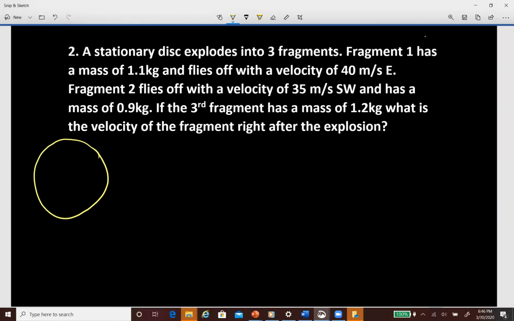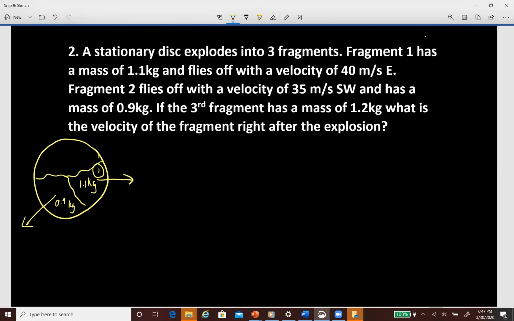It says that one fragment flies off east. Imagine it breaks up into 3 fragments. One fragment flies off east, and it has a mass of 1.1 kilograms. That's fragment 1. Another fragment flies off southwest, a piece of the disk goes this way, and it has a mass of about 0.9 kilograms.